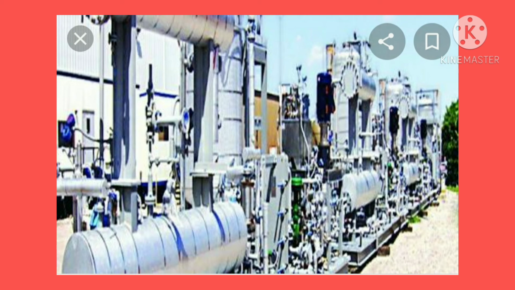Third point, heavy capital investment is not required. Fourth, they produce special steel like alloy steel, stainless steel, etc. They do not cause pollution. The period of construction and gestation is also short.